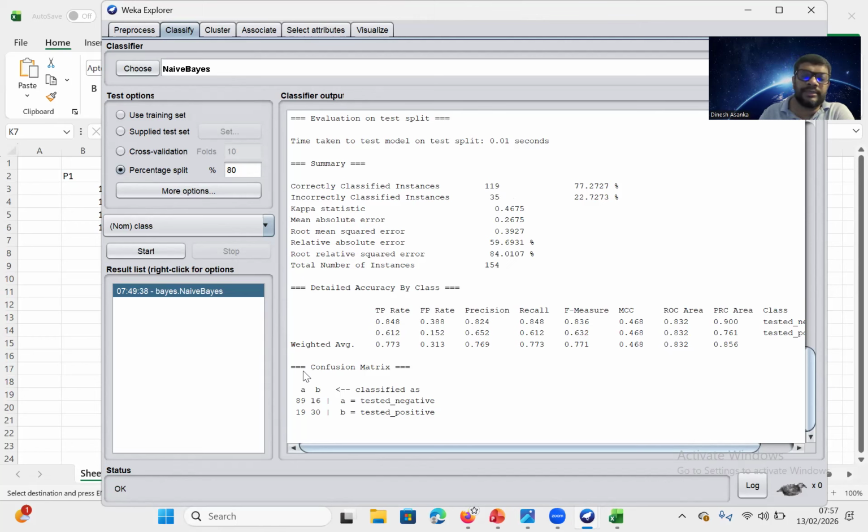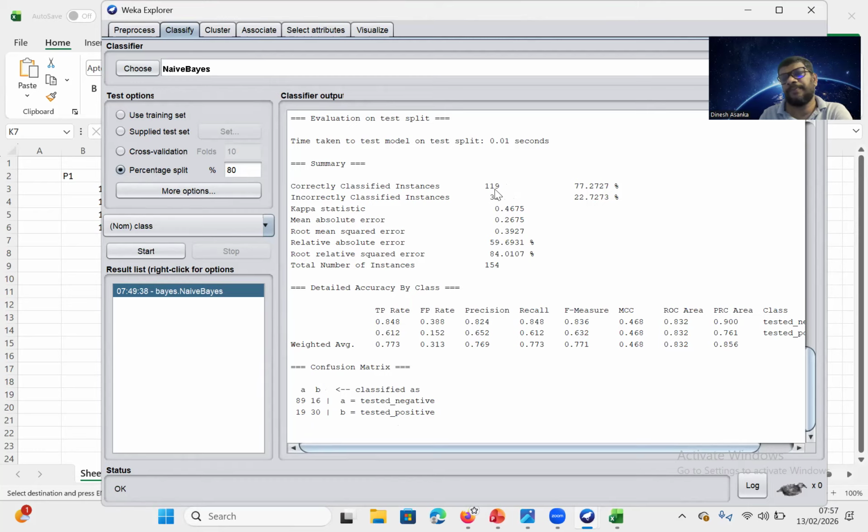Then look at the errors. This 16 means they are negative, but they were predicted as positive. Then this 19 means they are positive, but predicted as negative. If you add those two, 19 plus 16, you will end up with 35.